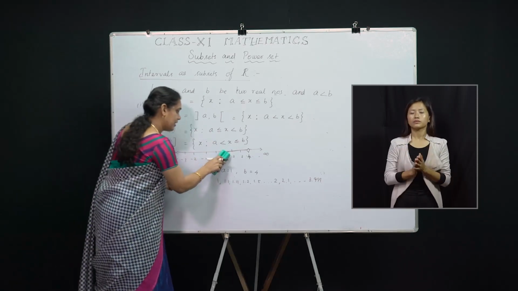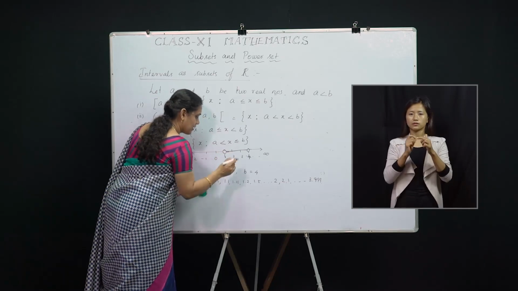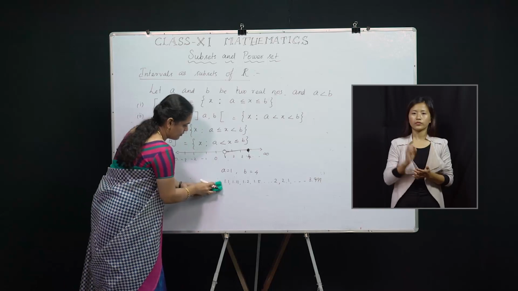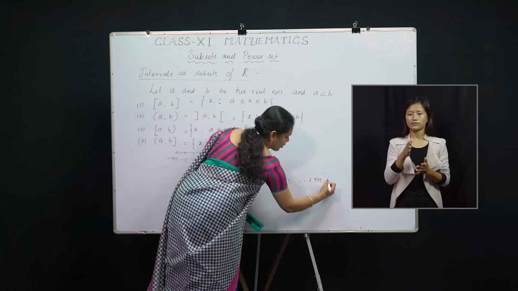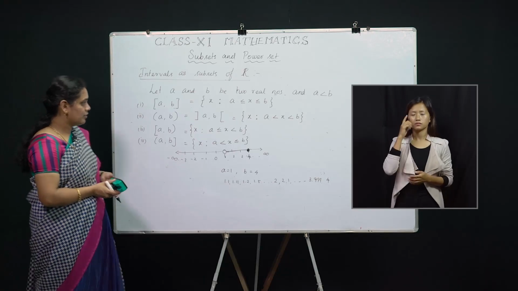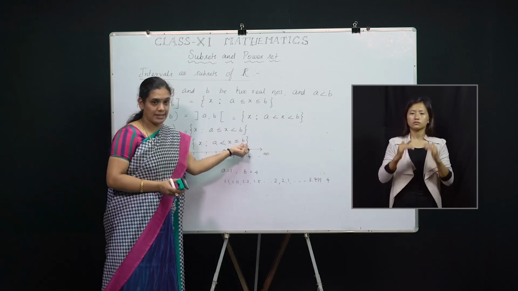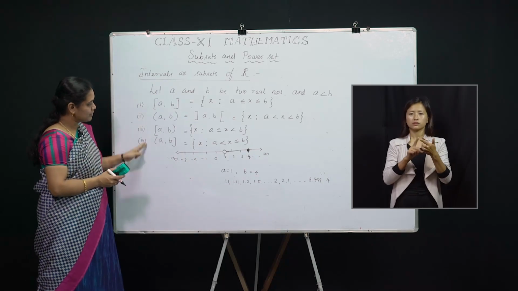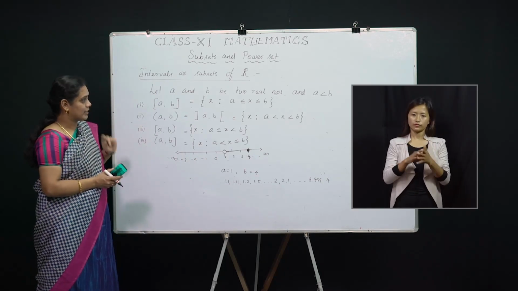That means here we will exclude 1, but we include this 4 also. So 1 we won't take, but the right side 4 we take. Hope you understand. If you put that equal sign, that means that extreme point is included. So this type of intervals you will often find in your textbook.